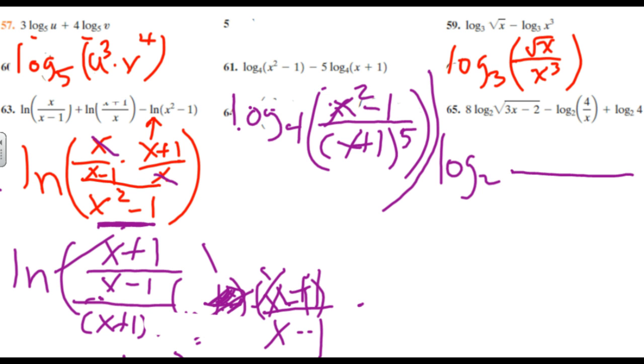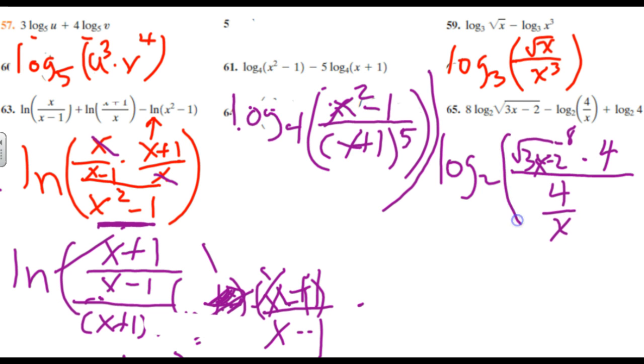The square root of 3x minus 2 goes on the top because he's a positive log, but he also has an 8th power. We'll talk about that in a second. Times this 4 goes inside of here, right? And then I've got 4 over x that goes right here.